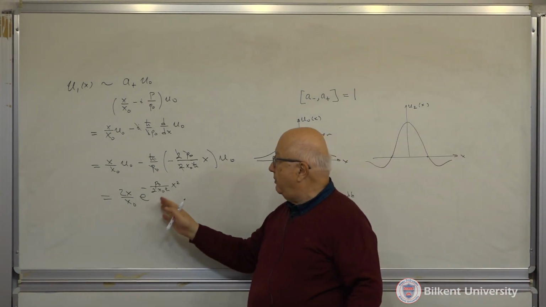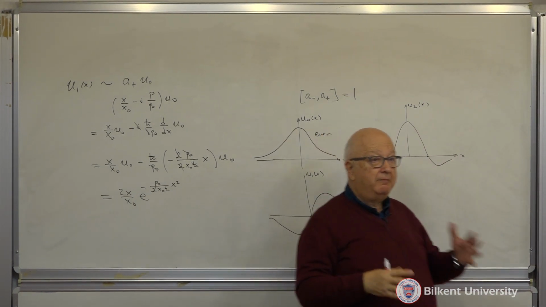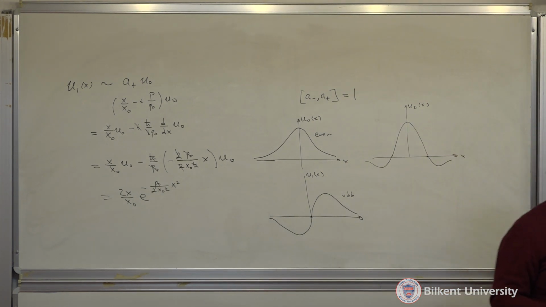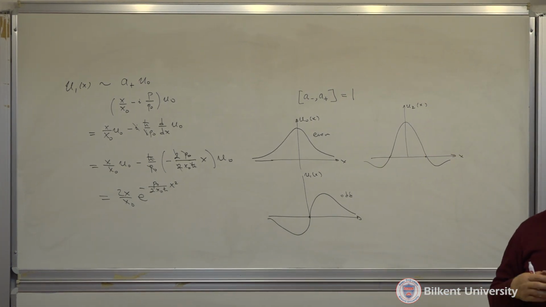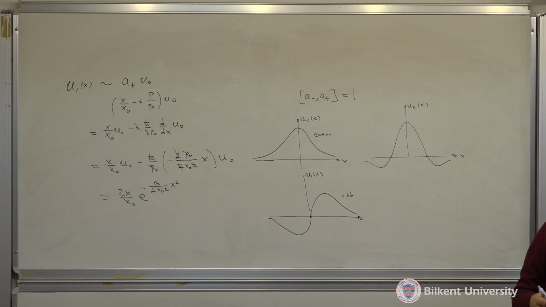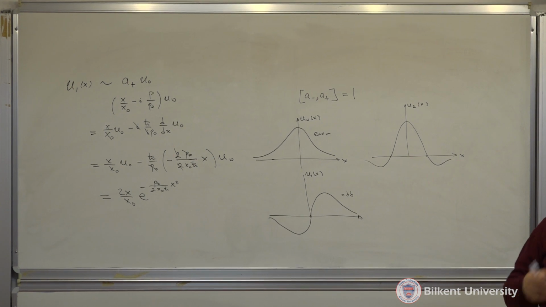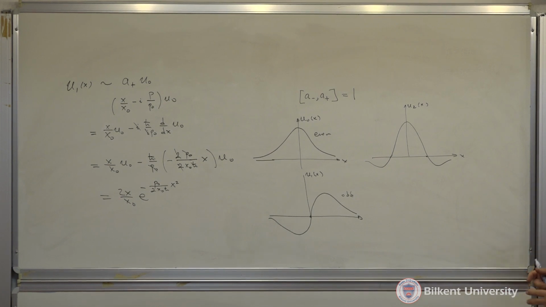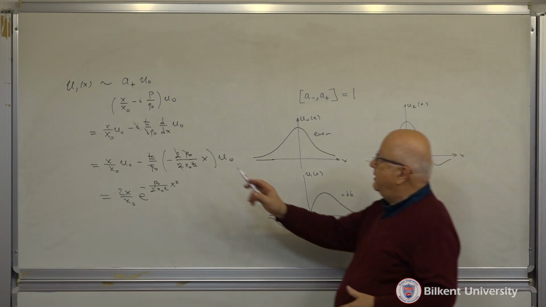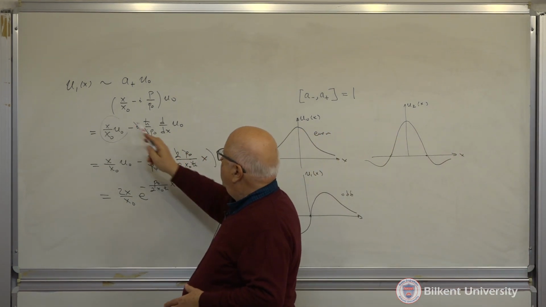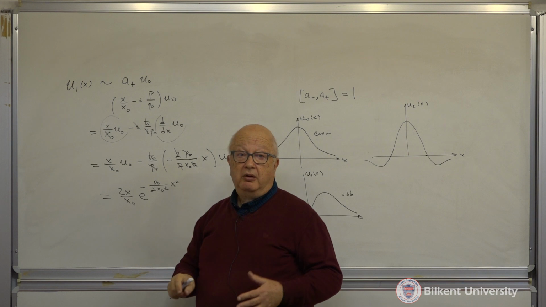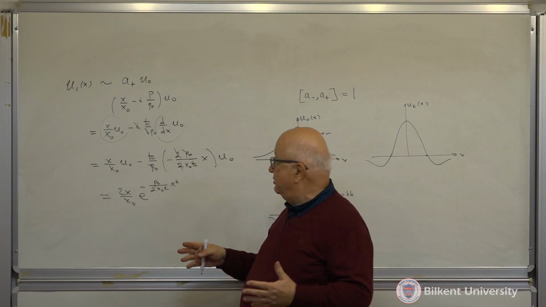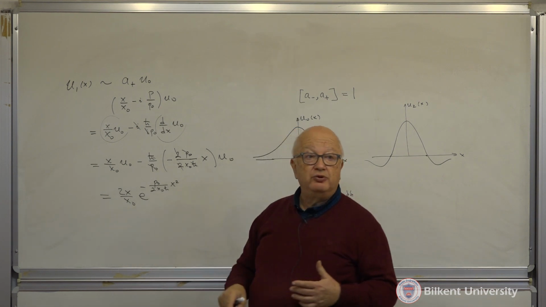Why? Because each time I operate on this function with an a plus, what am I doing? I am multiplying the function by x, and I am also differentiating it, and then I'm just adding them up. So that's what this a plus does. It multiplies by x, and it differentiates. Neither of those operations touches this Gaussian.